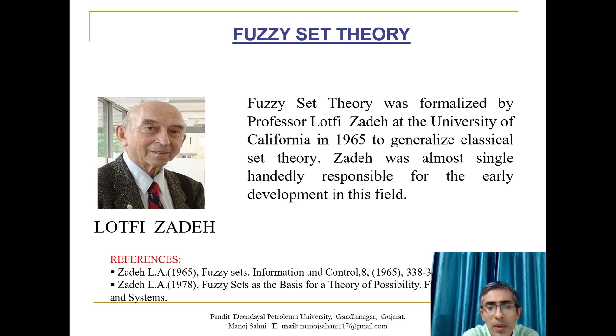A few of them are fuzzy sets in information and control systems, and fuzzy sets as the basis for a theory of possibility in Fuzzy Sets and Systems. These are some of the basic papers by Lotfi Zadeh, and I request you to read those papers.